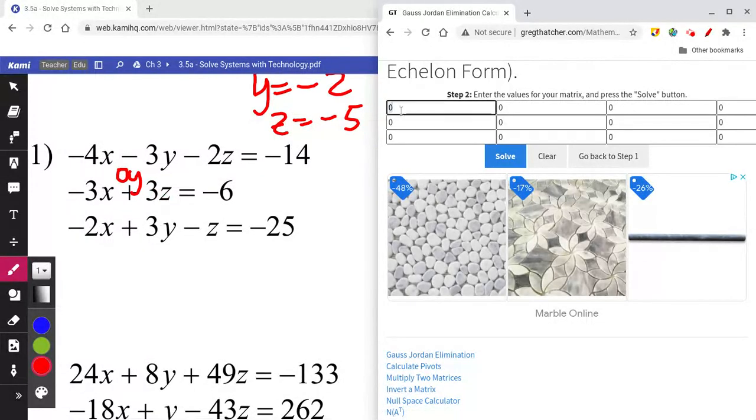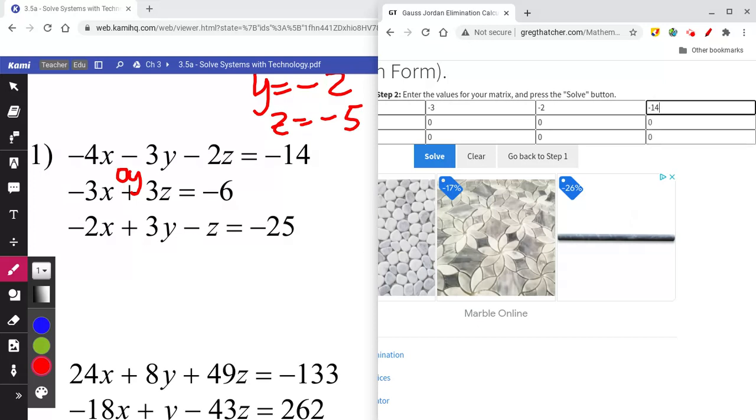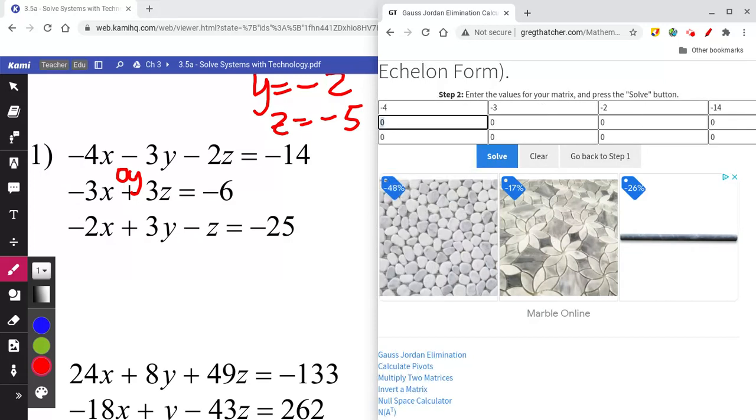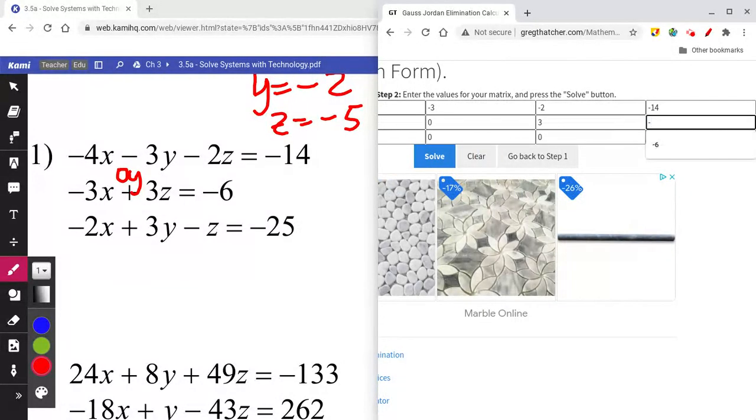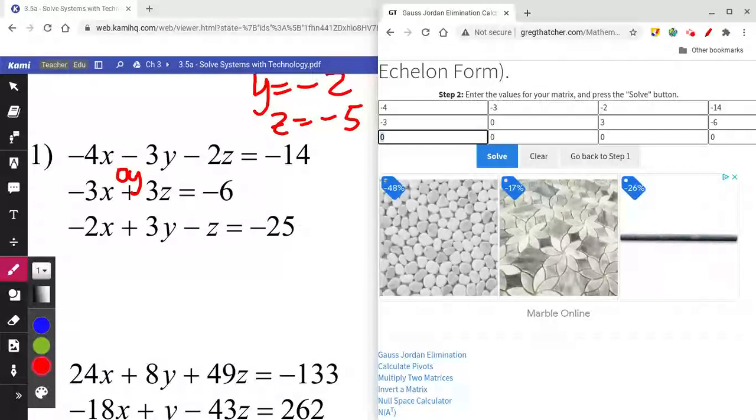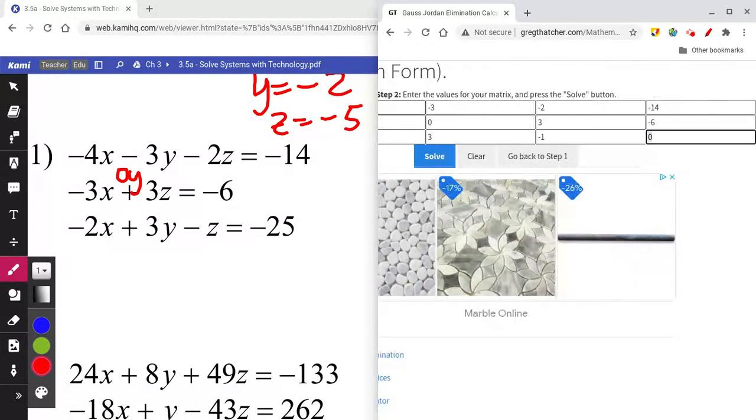All right. So we've got -4 and -3, -2 equals -14. We've got -3x, 0y, 3z equals -6, -2x, 3y, -1 for the z equals -25.